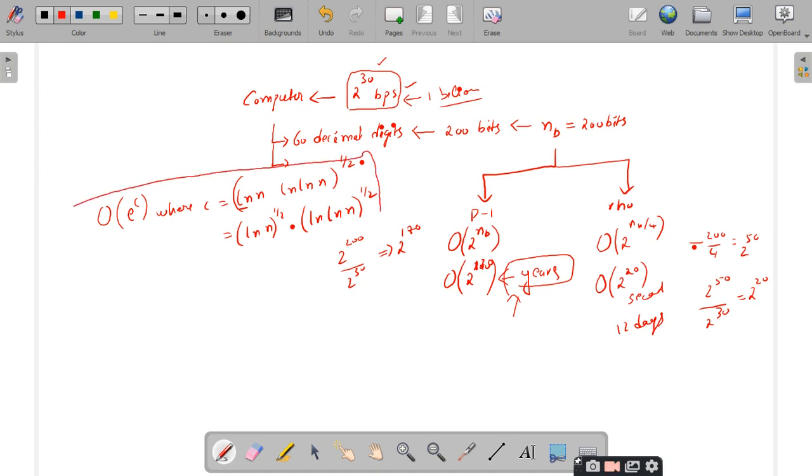This is quadratic sieve. And there is another technique called number field sieve, where the complexity is expressed as big O of e power c only, but c is defined as ln n power 1 by 3 into ln ln n power 2 by 3.